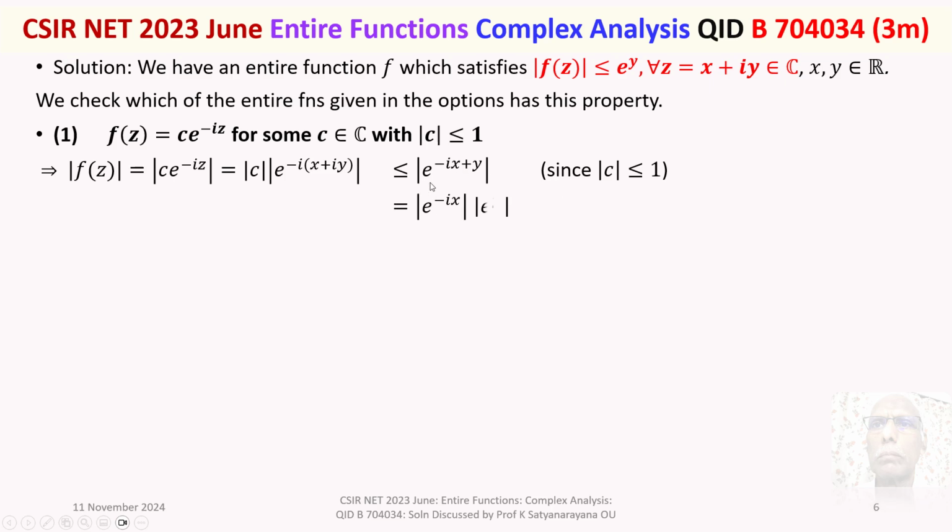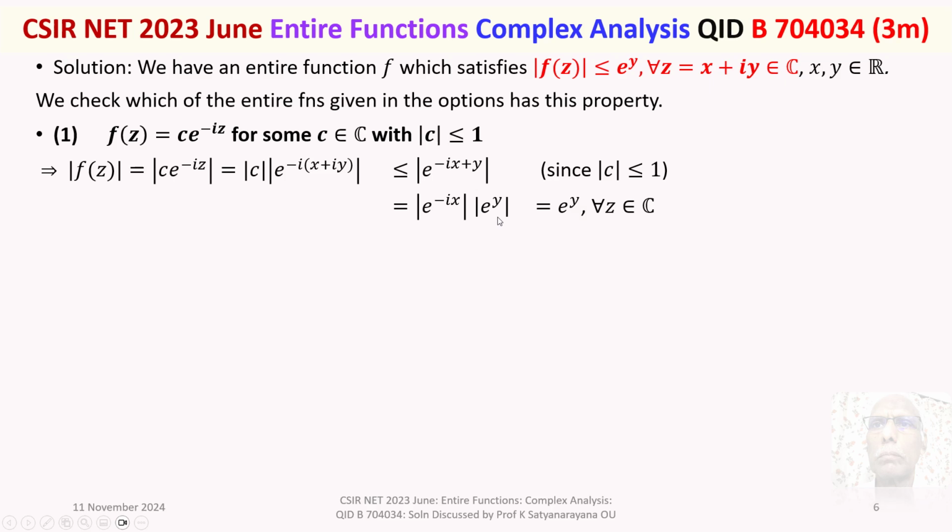and this is equal to mod of e to the power of minus ix multiplied by mod of e to the power of y. Mod of e to the power of minus ix is 1, and mod of e^y is e^y only, because the exponential function always gives non-negative values.